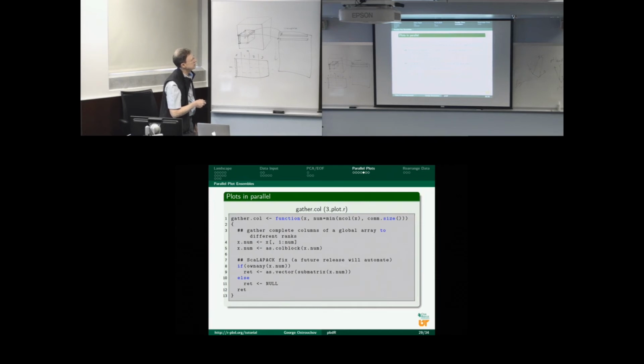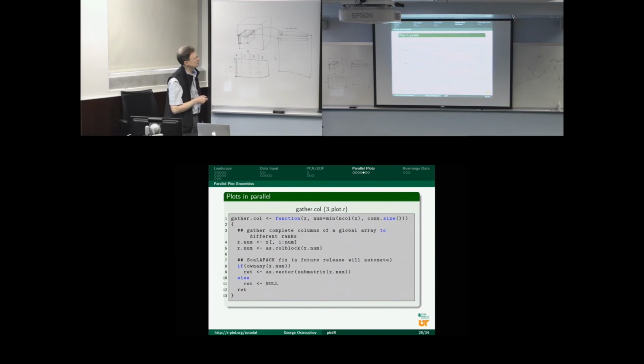This you should just ignore. This is something that will be fixed later. It's something that ScaLAPACK does, and it's annoying. Even if you don't own any data, it wants to have something in there. So we had to do a little workaround.